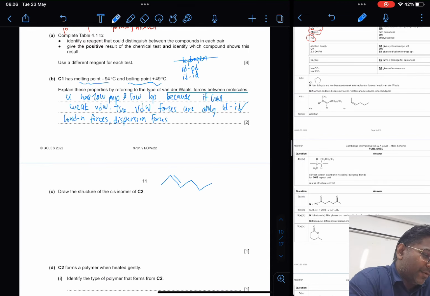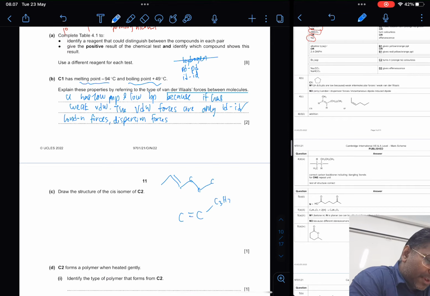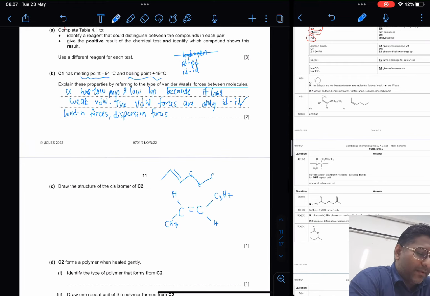If you look over here, carbon, double bond, this carbon. This one is C3H7, and then there is H, and here is CH3, and then H. So I want a cis isomer.